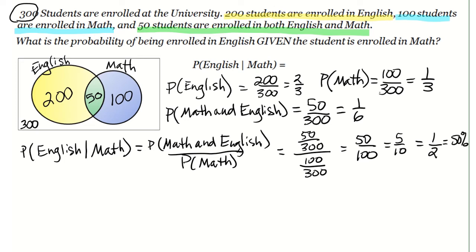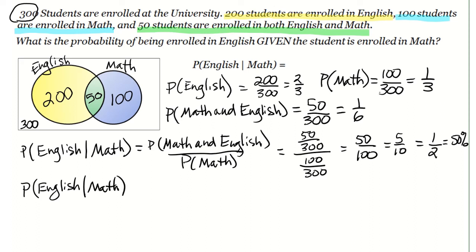Now, if you'll notice on your Venn diagram, we can do the same thing using the Venn diagram. Let's write this down: English given math.